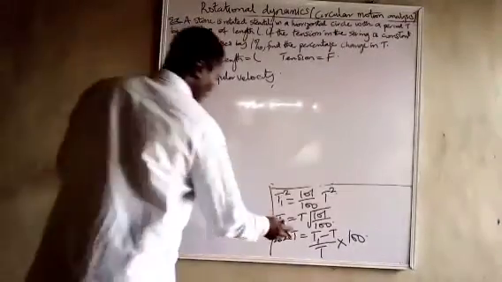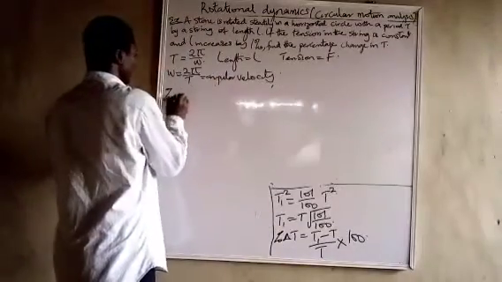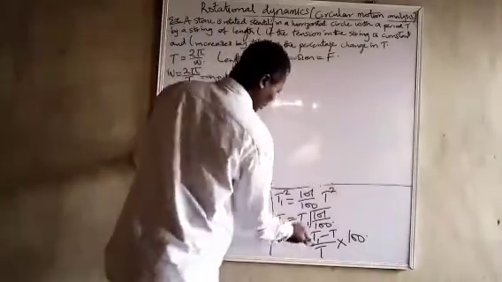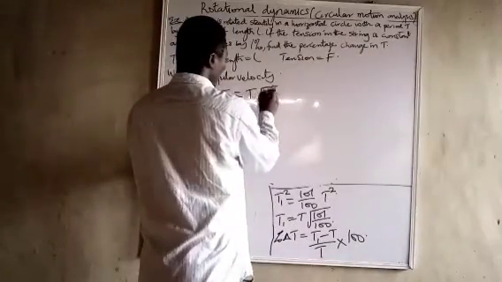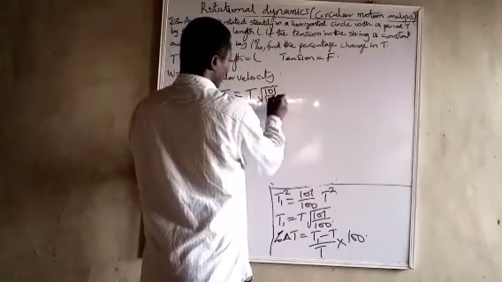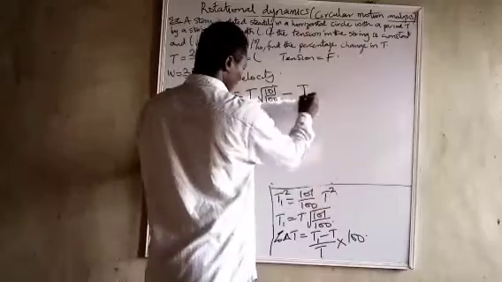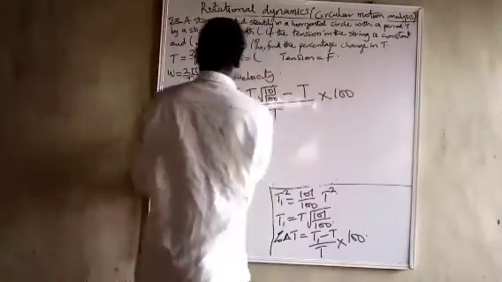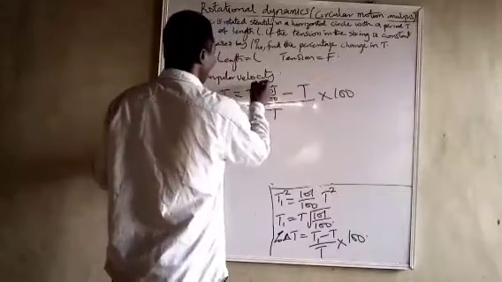So you have discovered that percentage change in T will be equal to, what is T1? T times root of 101 over 100 minus T, over T, times 100. And if you look at it, T is common here.